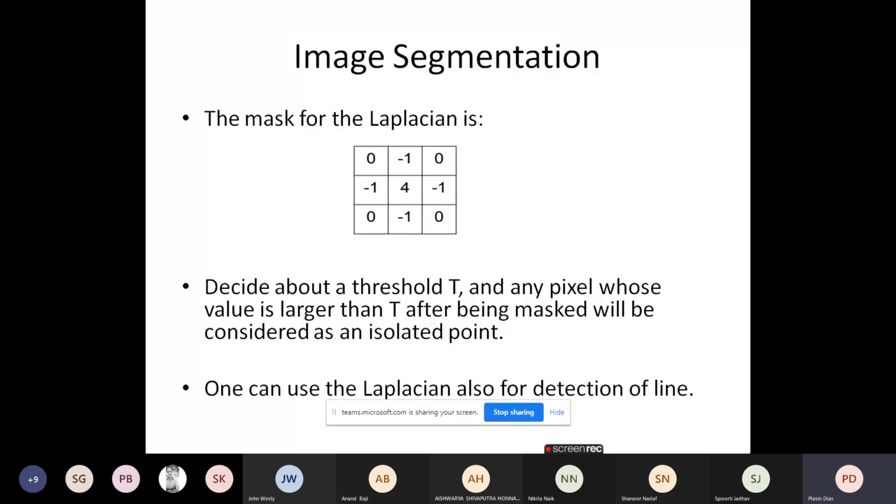Whenever such a mask is used, it is to detect a point, because we are talking about how to detect an isolated point.